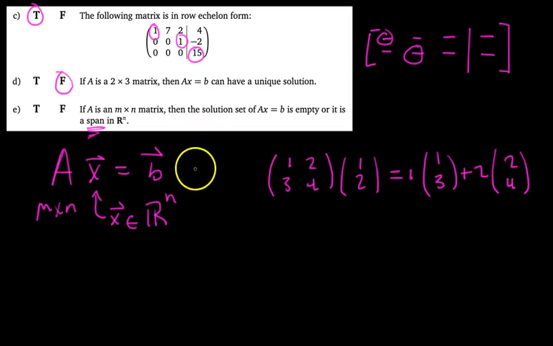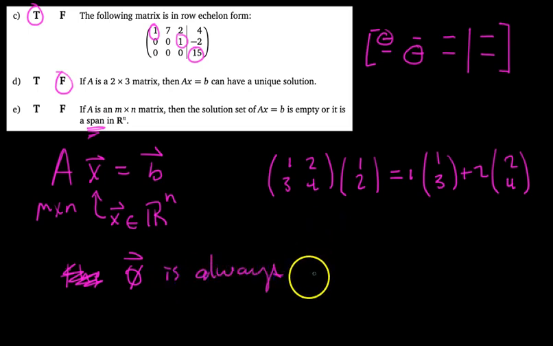To understand this, there's a theorem which says that the zero vector is always part of a span. Remember, a span is the collection of all the linear combinations of some set of vectors.